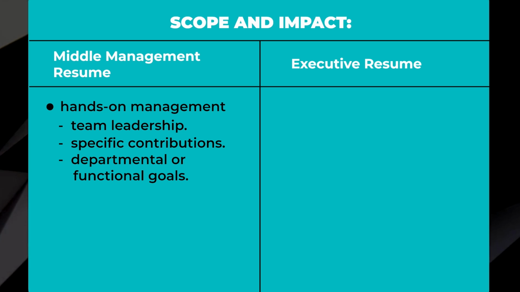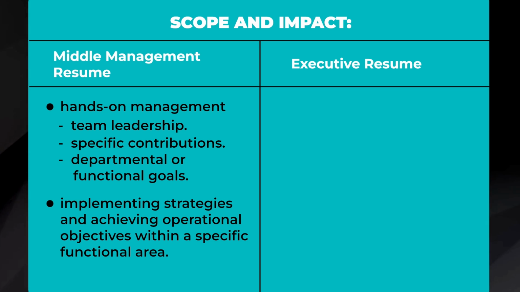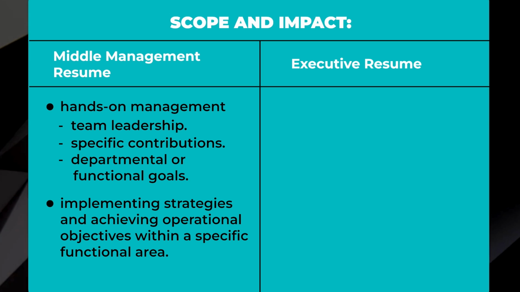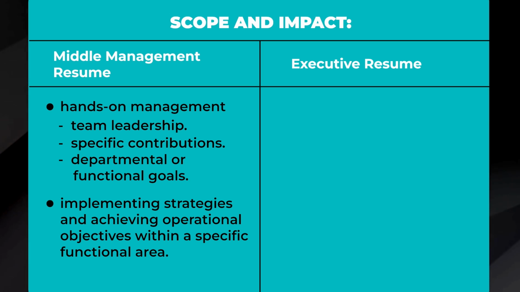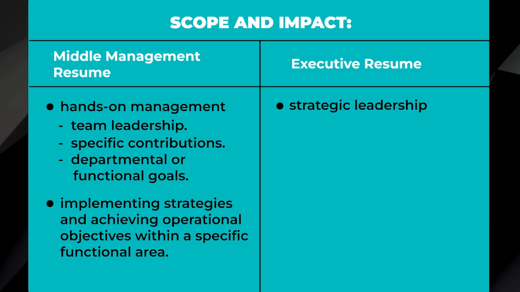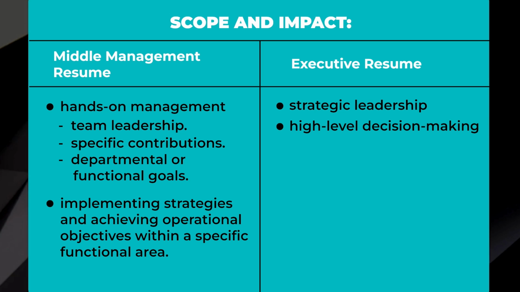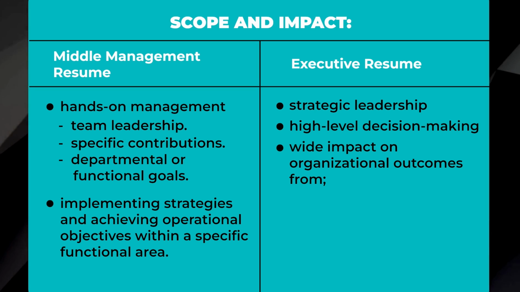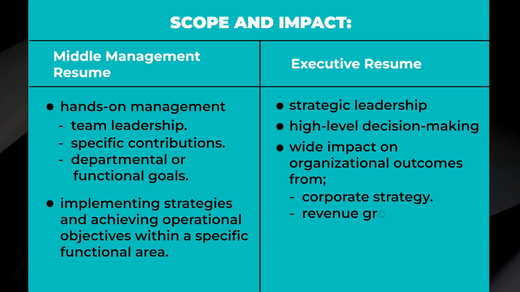You showcase your track record through implementing strategies and achieving operational objectives within a specific functional area. On the other hand, the executive resume emphasizes strategic leadership and high-level decision-making. What you are really showcasing is the wide impact on organizational outcomes, from corporate strategy to revenue growth and major business initiatives.